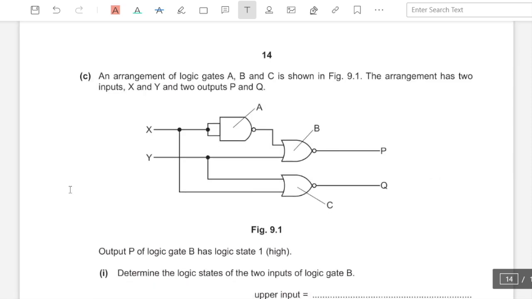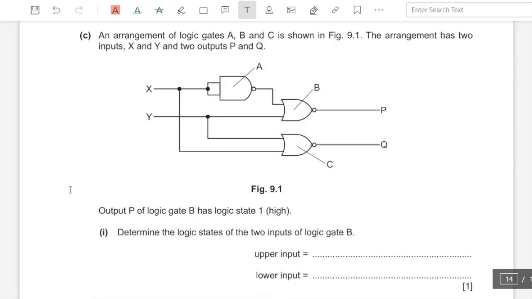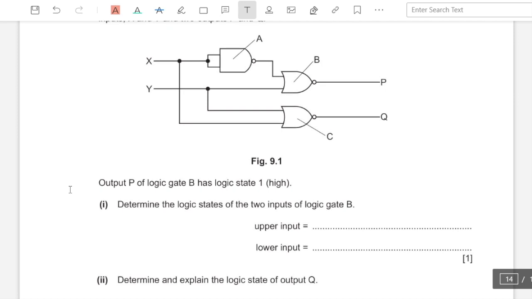C. An arrangement of logic gates A, B, and C is shown in figure 9.1. The arrangement has two inputs X and Y and two outputs P and Q. Output P of logic gate B has logic state 1 or high. 1. Determine the logic states of the two inputs of logic gate B. Since this is a NOR gate, it is going to be the exact opposite of an OR gate.